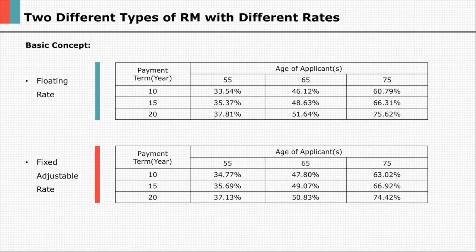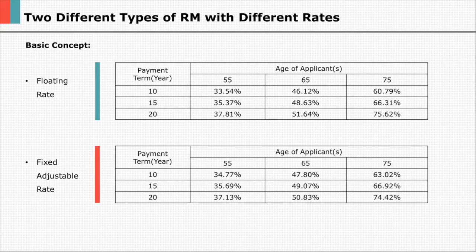And the next part we would like to introduce is the two different types of reverse mortgage with different rates. The first one is the floating rate, while the second one is the fixed adjustable rate. In the matrix we're going to introduce, the payment terms, which are 10, 15, and 20 years, are set against the age of the applicants, which is 55, 65 and 75 years old.